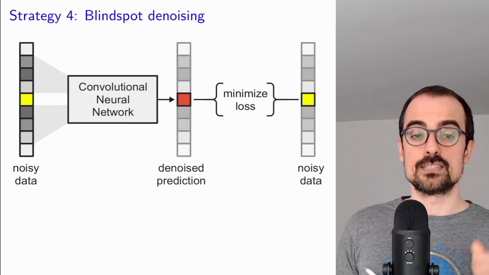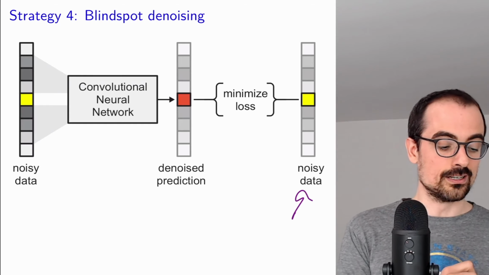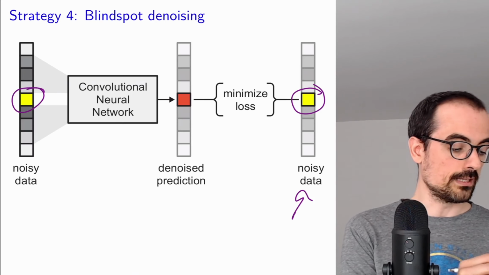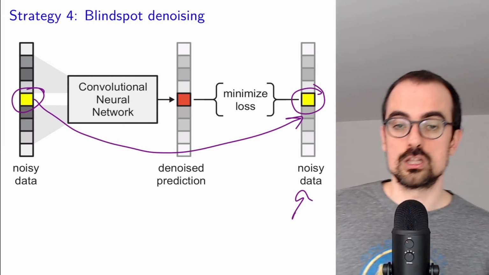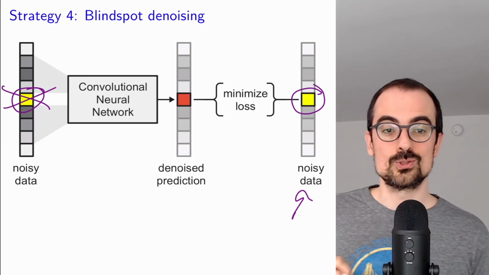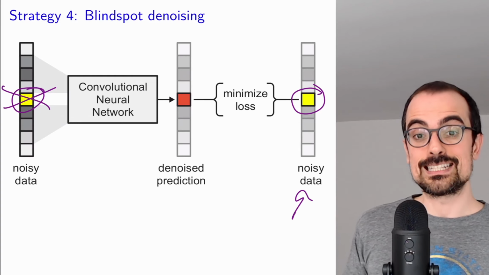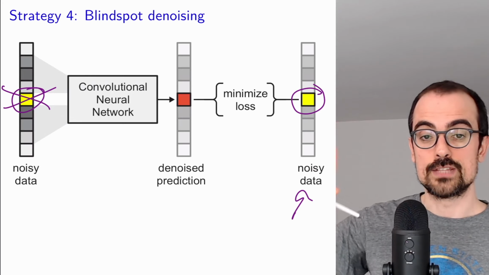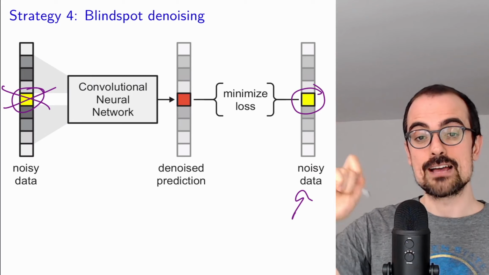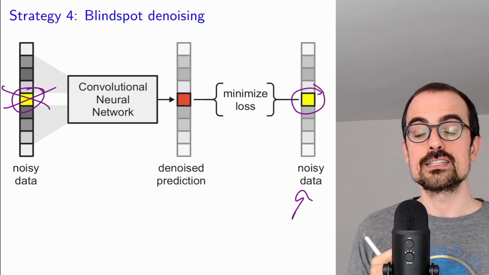There's a fourth strategy that is also very clever, where you say, well, what is the problem with having the same noisy data here? For every specific noisy pixel, the network can just learn to take that pixel and propagate it to the end and not learn to denoise. But what if you don't give the network access to that specific noisy pixel, but you give it access to the rest of the image? Then, as long as the noise in the rest of the image is independent, so again we have pixel-wise independence, and as long as the image is smooth, so you can reliably denoise a pixel without seeing that specific noisy pixel just from its surroundings, then this can work.